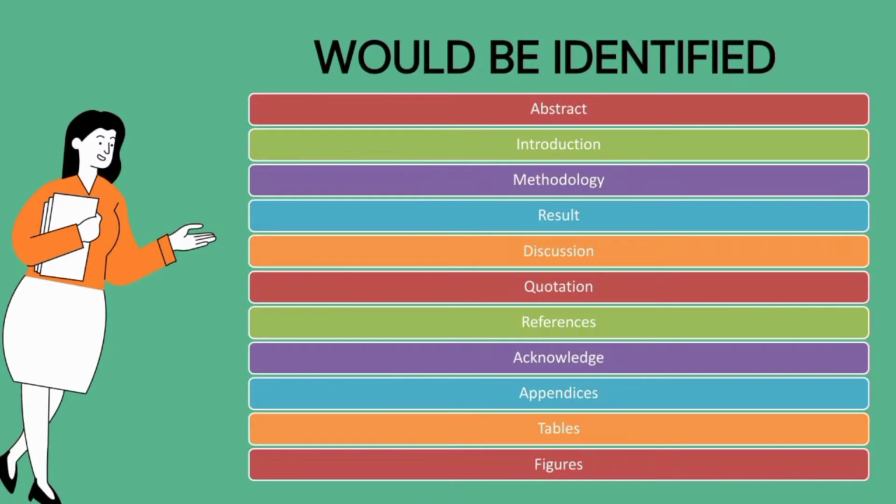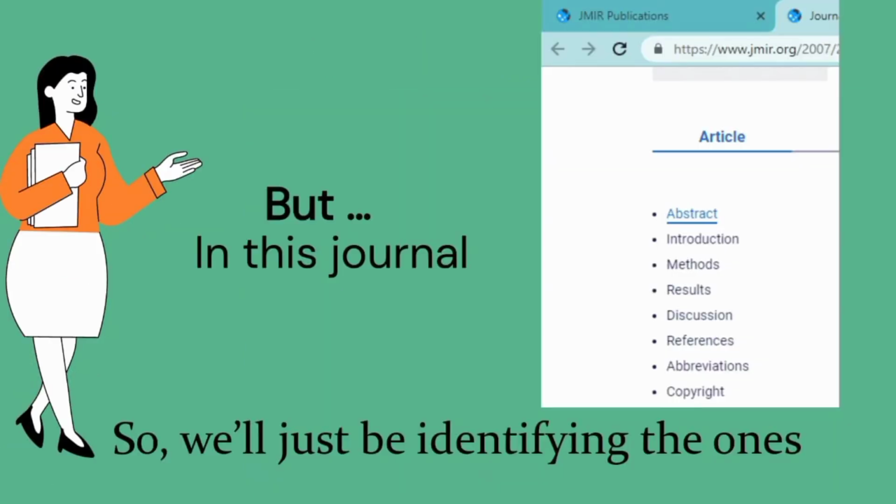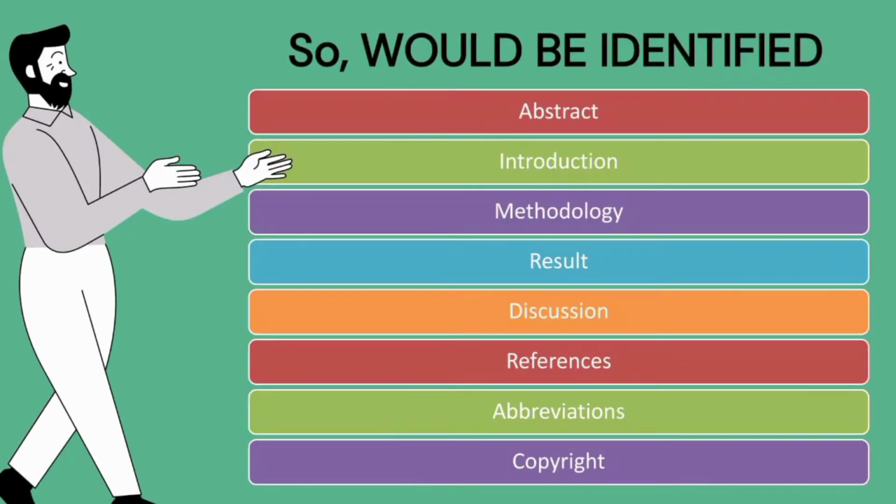We have learned a lot with Mr. Afransha, and these are the parts that we have learned with him. But what we have learned is not all in this journal, so we will identify the ones that exist. Here are the abstract, introduction, methodology, result, discussion, references, abbreviation, and copyright.